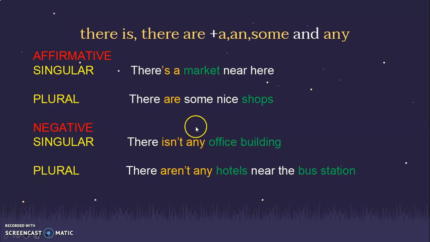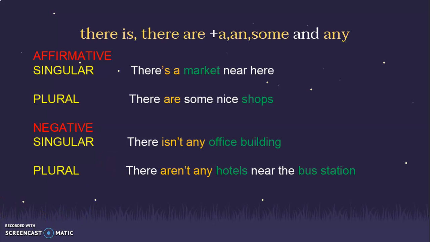Now, if you look at these sentences here, you will see for the affirmative sentences in the singular form, the contraction apostrophe s is given. There's a market near here. There are some nice shops.